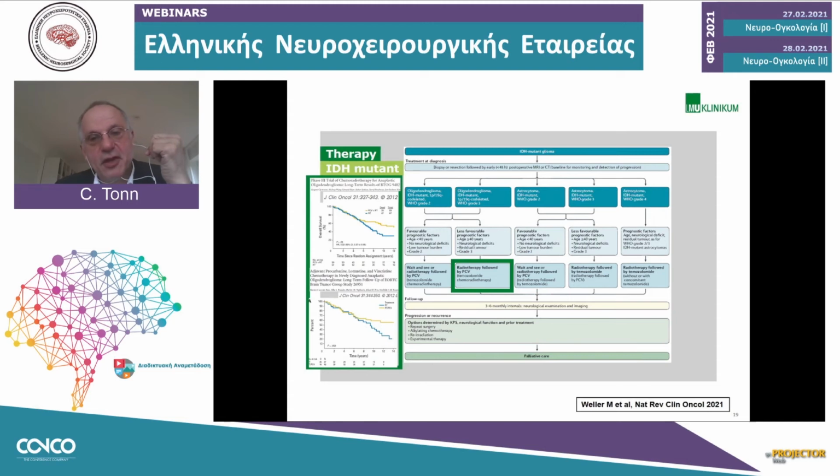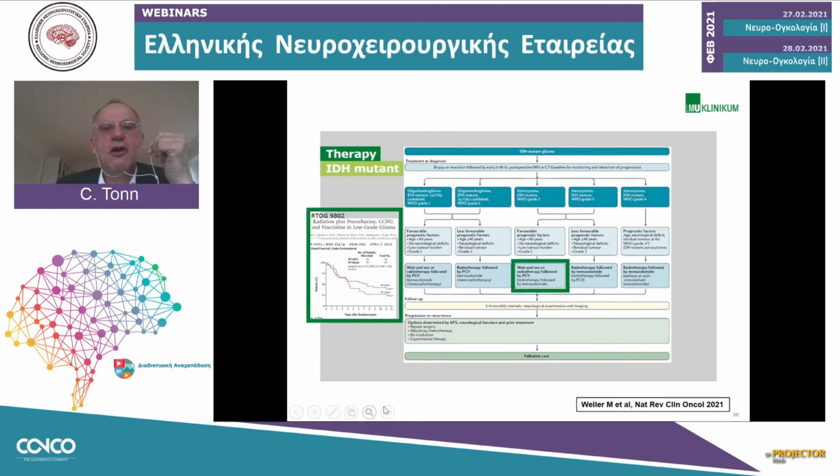So the rate of adverse events is 4 times higher if you add vincristine to procarbazine and CCNU. So just by giving PC alone, you're equally effective to PCV, but with much less toxicity. So we will end up in the future with PC only for the oligos.